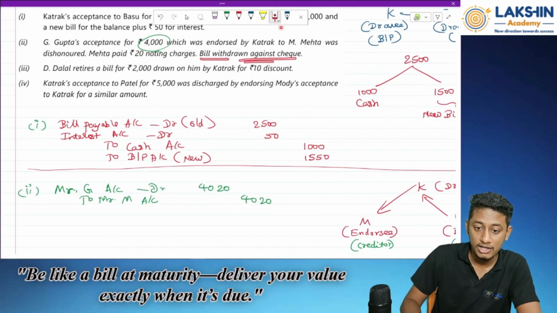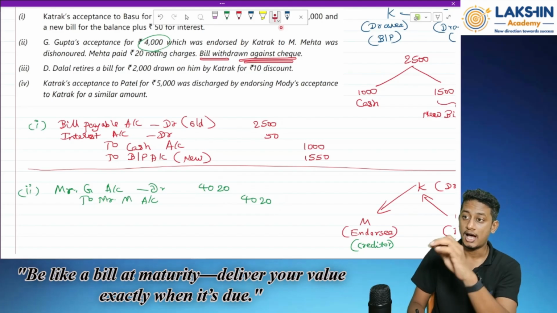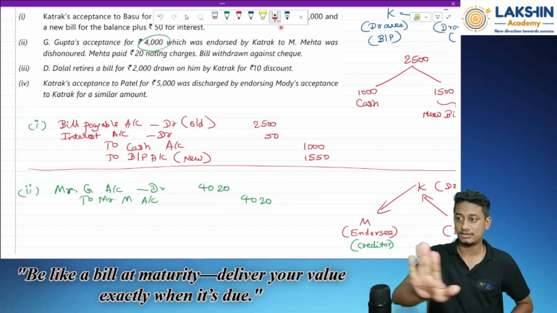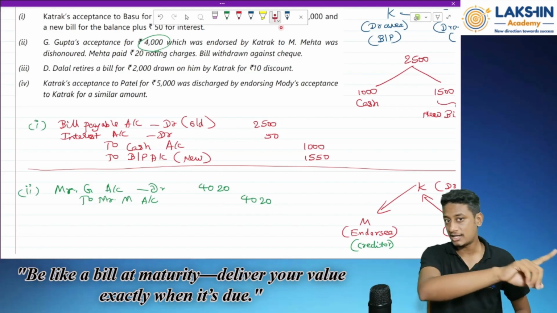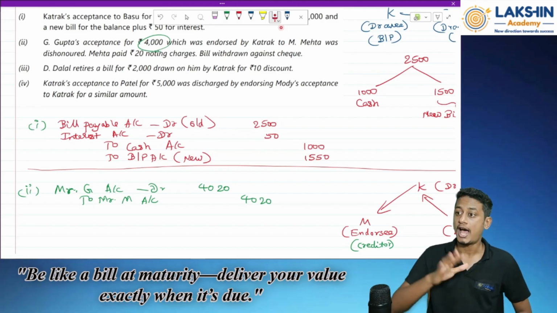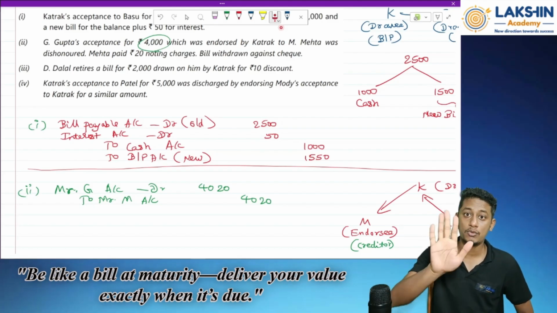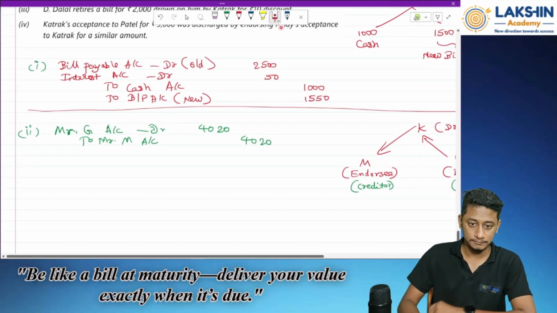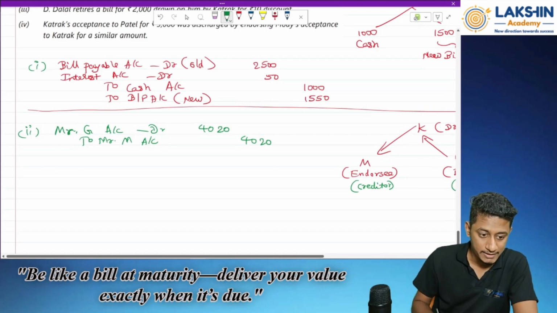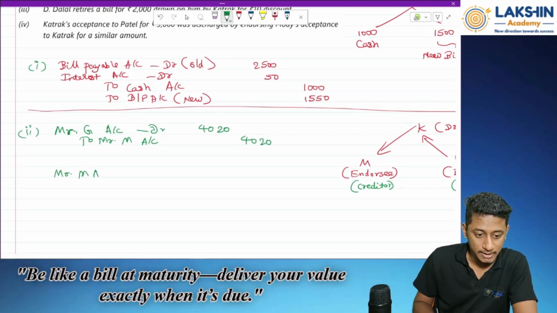Then what has happened? The bill was withdrawn against check. So what has happened over here? Against the bill, Mr. K has said, okay, fine, sorry from my side, he has not paid you. I will pay you now. I will pay you through what? Through check. So pass the payment entry. Mr. M's account will be debited because I will be reversing the creditor's account.